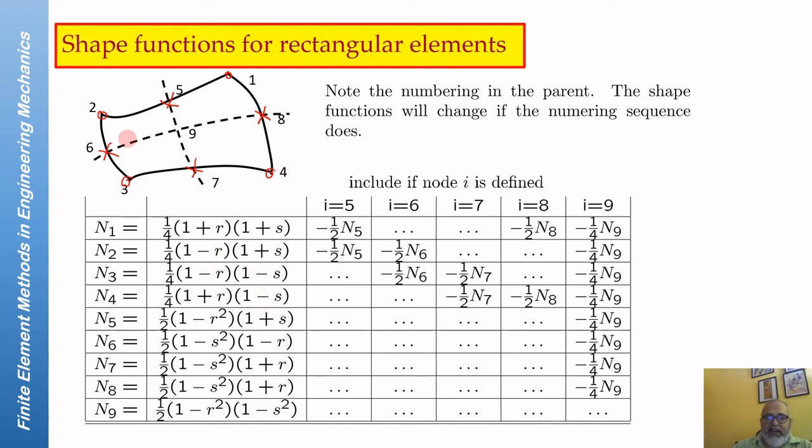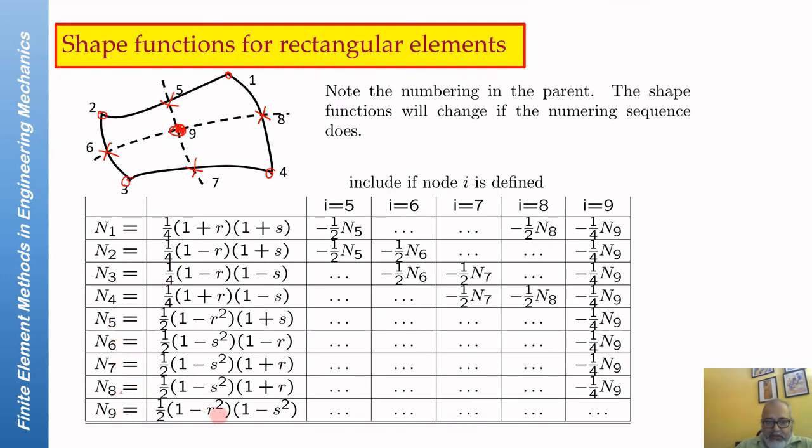However, if you add these nodes one by one, and you can even add this middle node 9, if you keep adding these nodes, then you will have to include these terms in 1, 2, 3, 4. So these terms will come in 1 if you add node 5, and if you have node 8, this will come in, and then you will have shape functions for node 5 and node 8 as well.